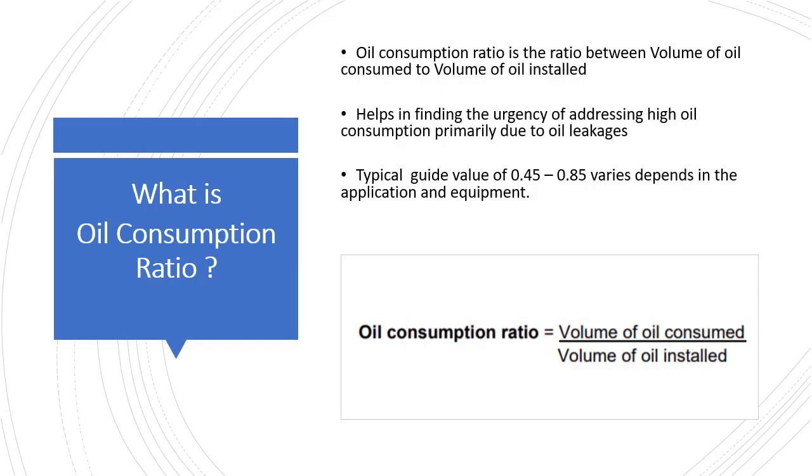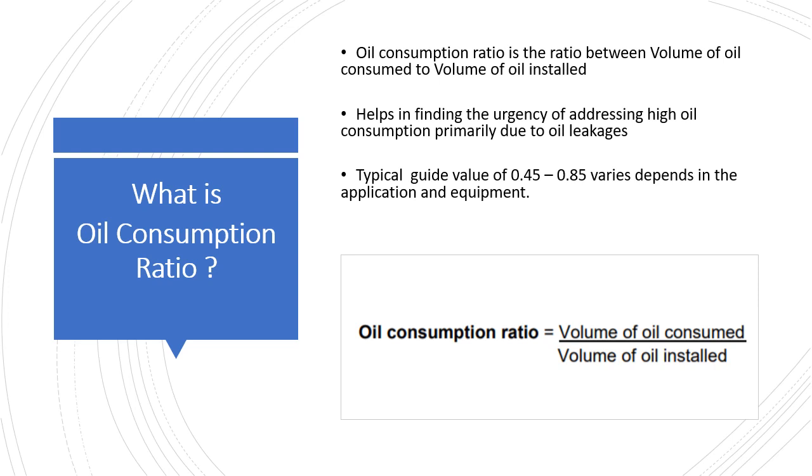So here is the solution for all of the stated problems, which is the oil consumption ratio. Tracking and measuring the oil consumption ratio will give a fair idea about oil leakages and high oil consumption. So what is the oil consumption ratio? It is the ratio of the volume of oil consumed to the volume of oil installed.